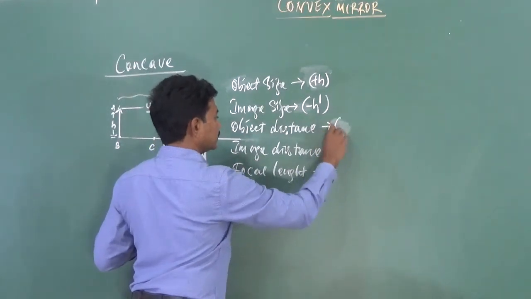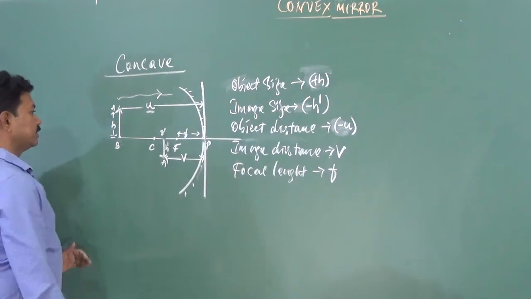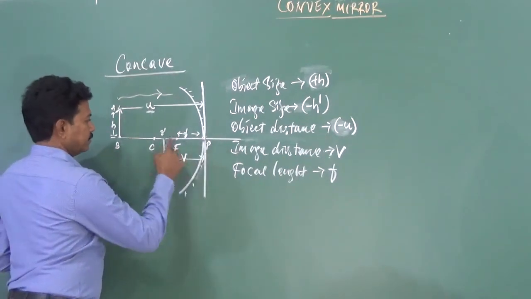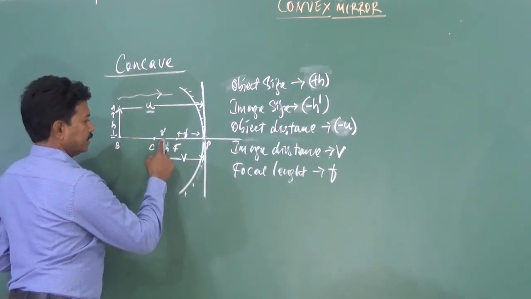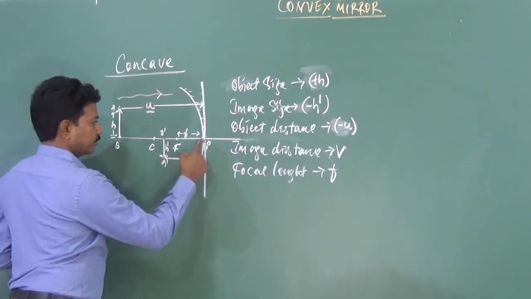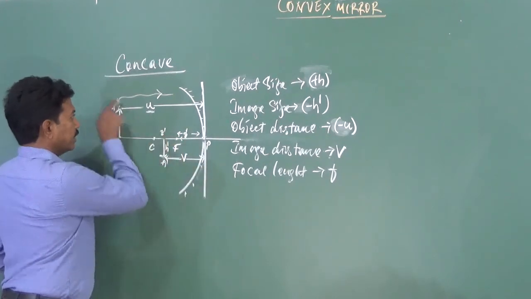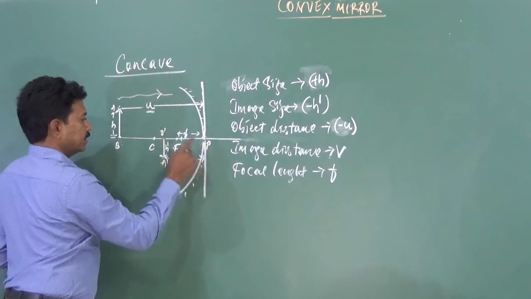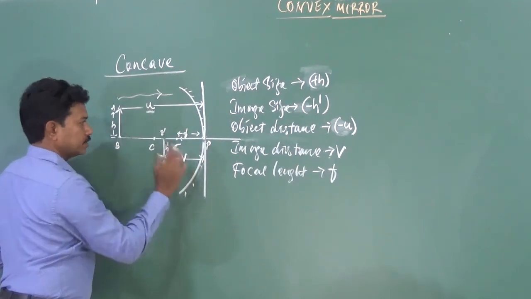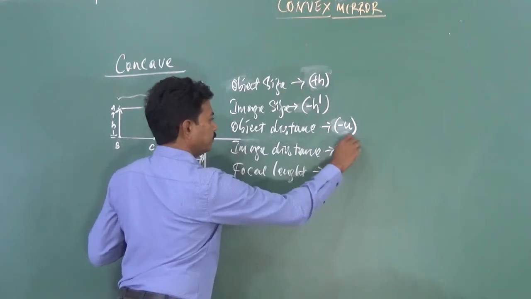So object distance is minus u. Now the image distance, measured from the pole of the mirror, from here to here, against the direction of the incident light rays. So the value of v also becomes negative. So it is minus v.